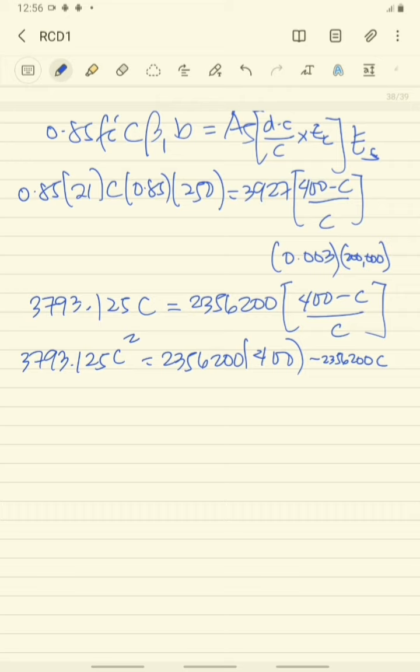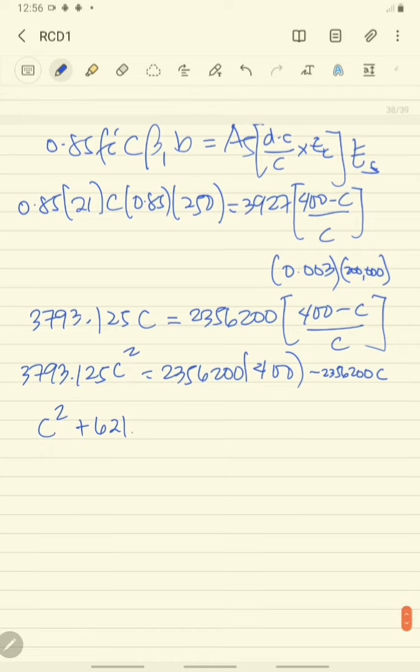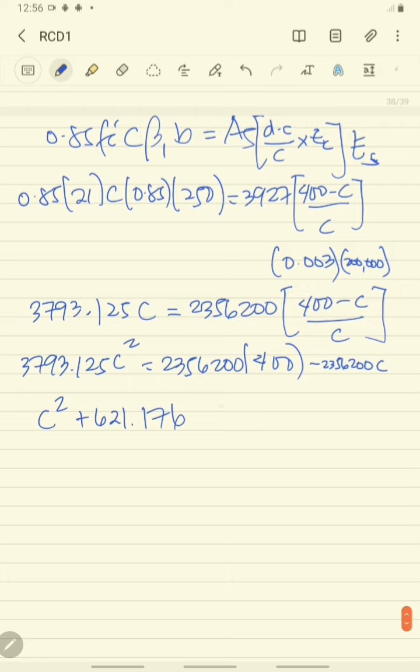We can say this is c squared, then we divide 2356.2 by 3793.125, sorry, that is divided. So 2356.2 divided by 3793.125 will be plus 621.176 c.